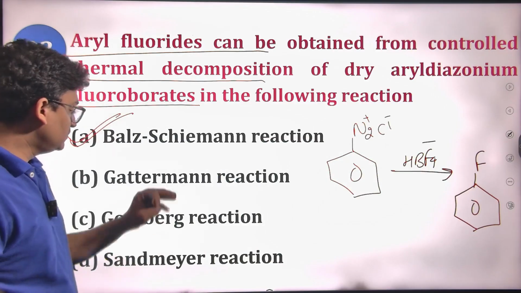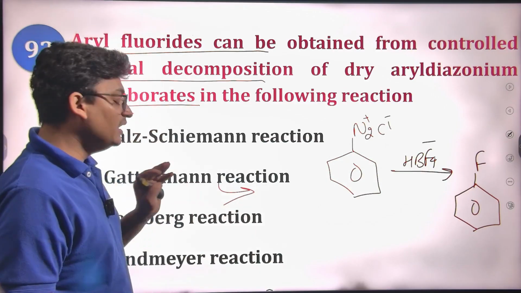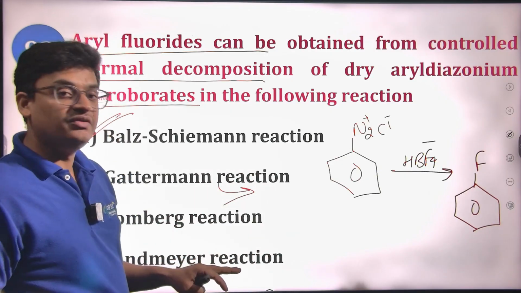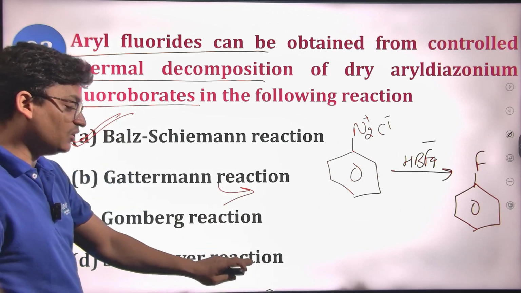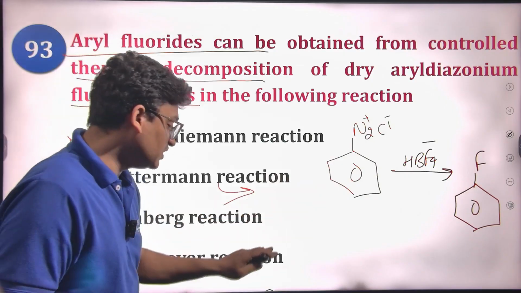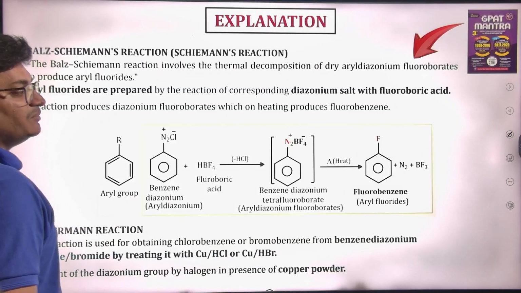Sandmeyer is like Gattermann. In Gattermann we use copper powder, and in Sandmeyer we use copper halide, so we get halobenzene here. The difference is that in this reaction we use copper powder, in this we use copper halides. So the right answer will be the Balz-Schiemann reaction.